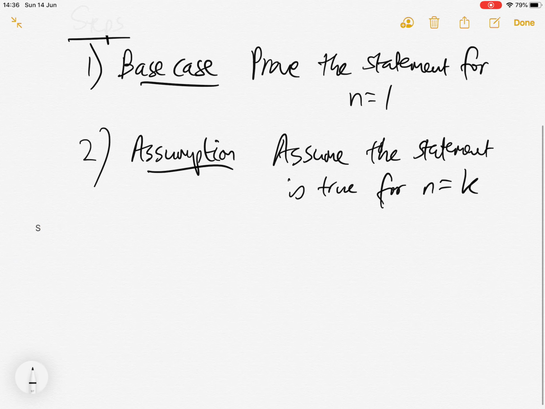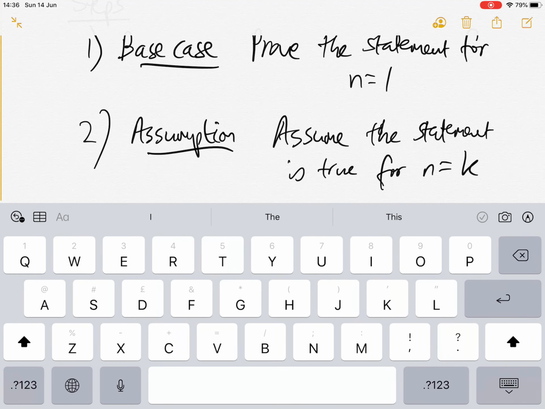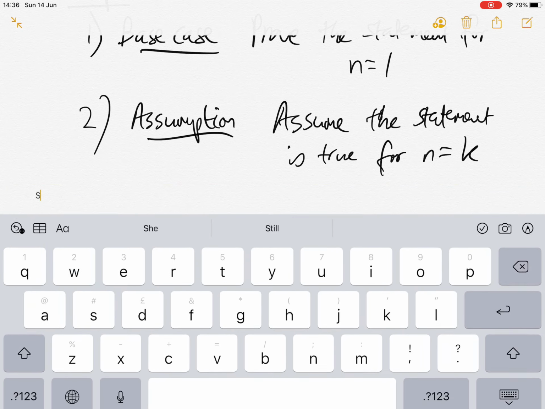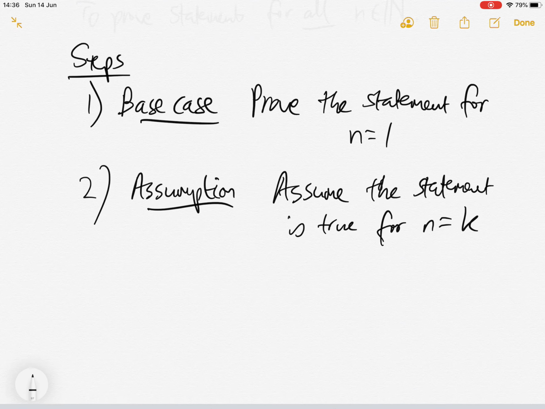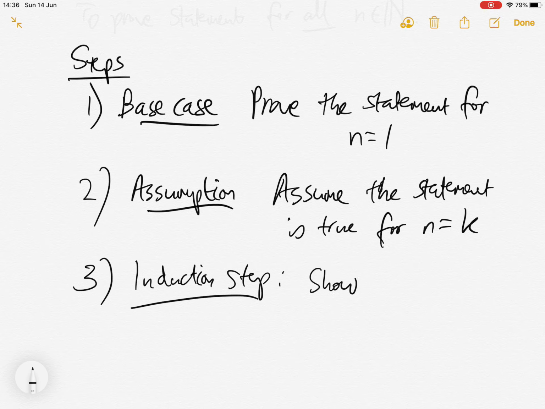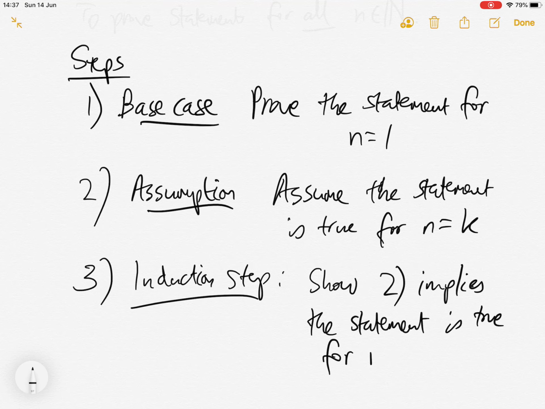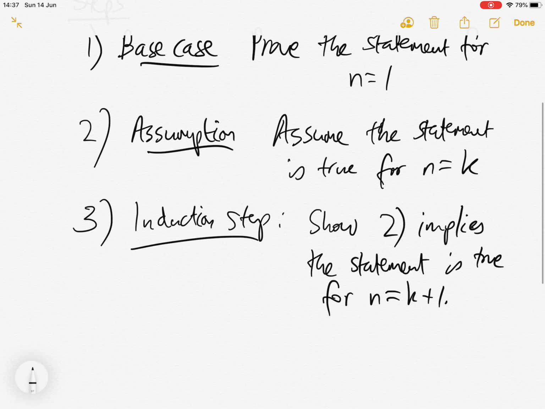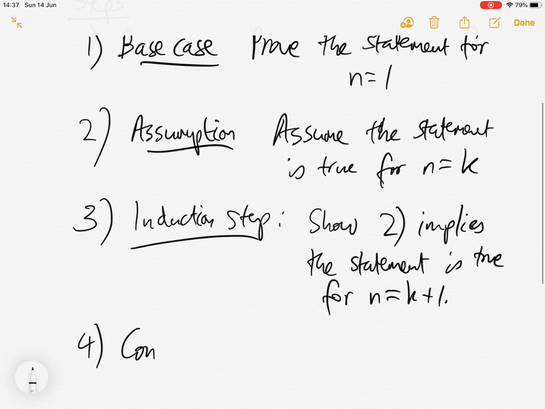In the third step, which is called the induction step, we show that our assumption implies the statement is true for n equals k plus 1. And then the fourth step is to conclude.